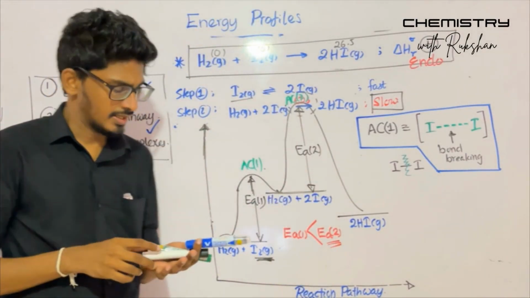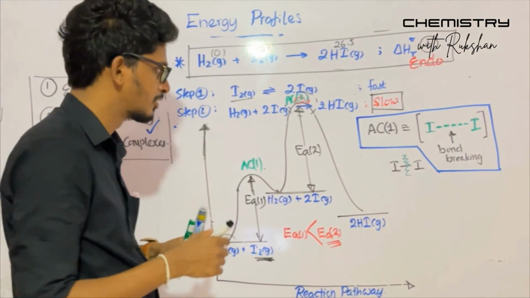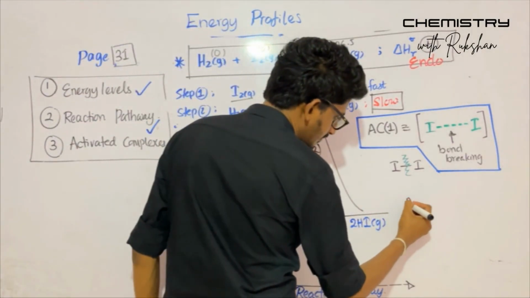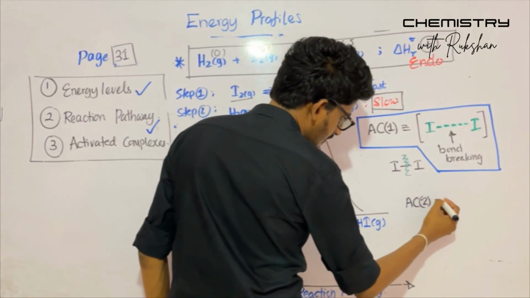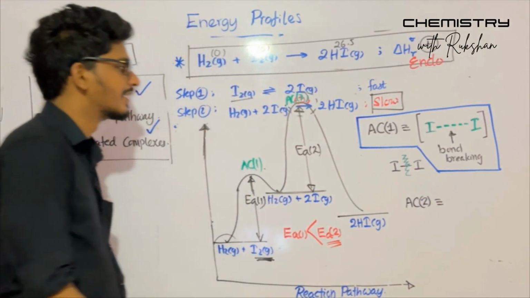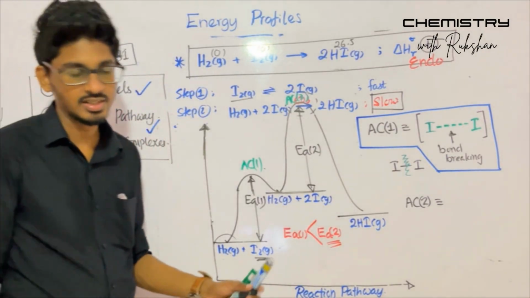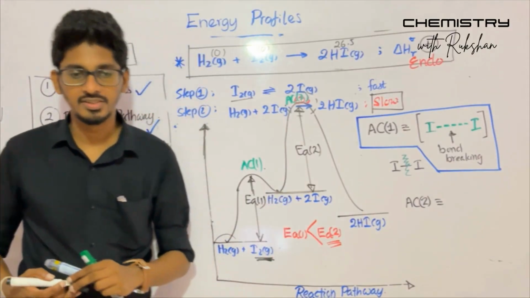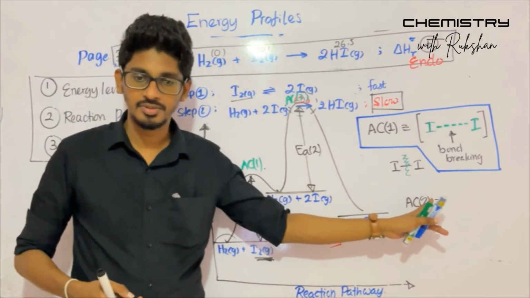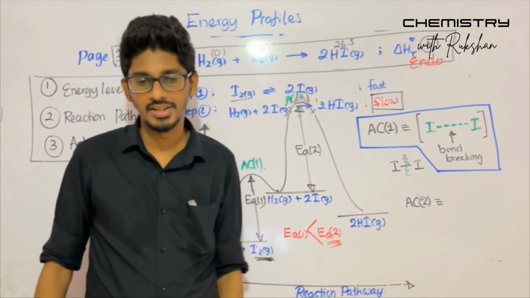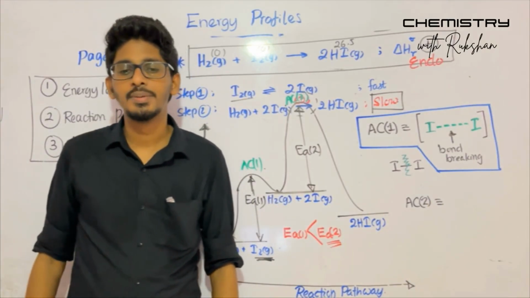Then come up with the activated complex 2. Activated complex 2 comes when the reactants of the second step convert to the products of the second step.